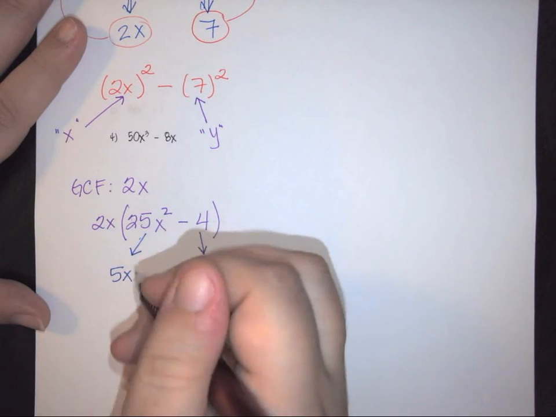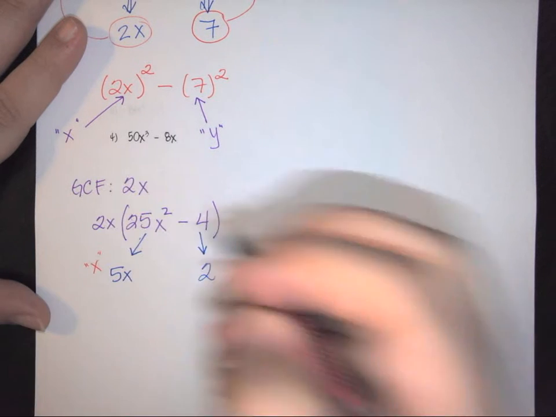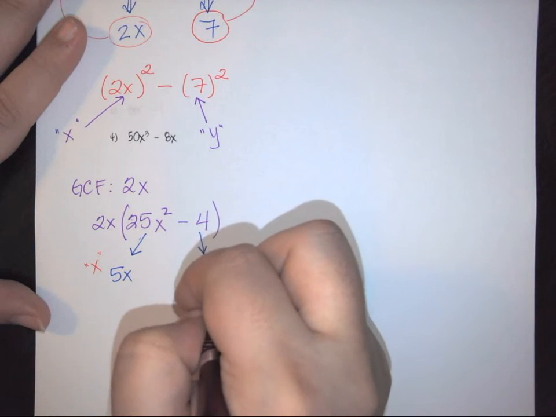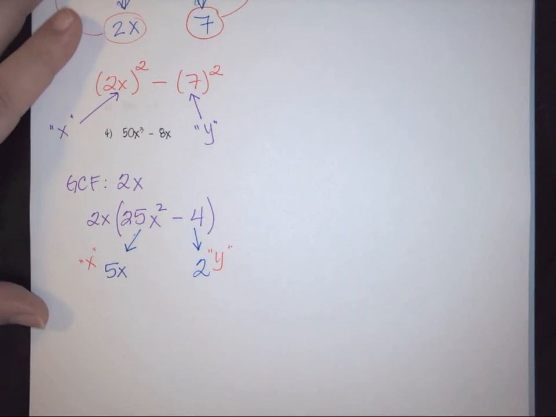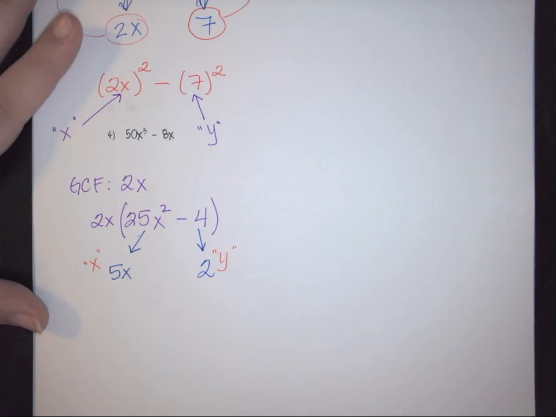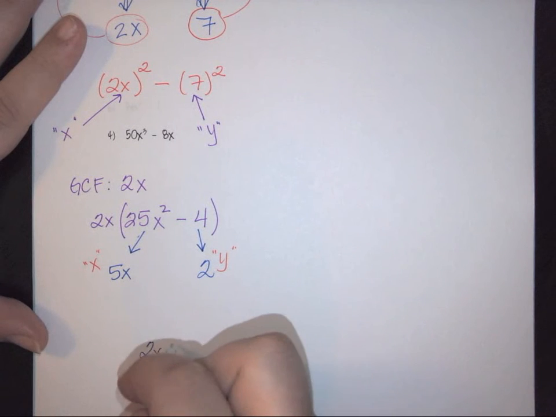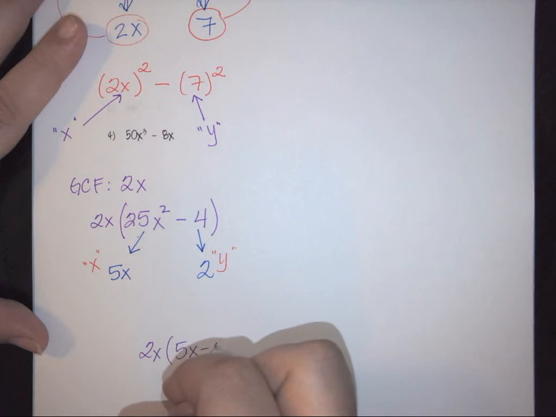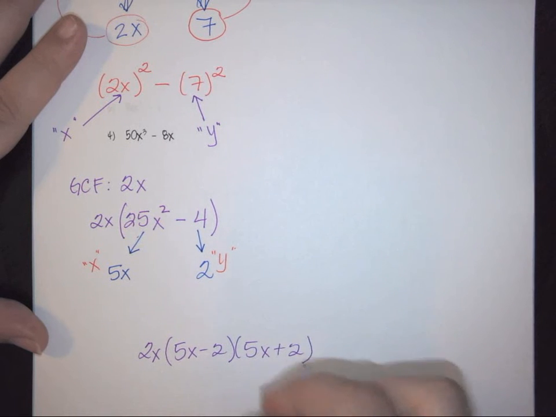Again, this is going to be the x term, and this one is your y term. So if you go back to your formula again, we're going to have 5x minus 2 and 5x plus 2.